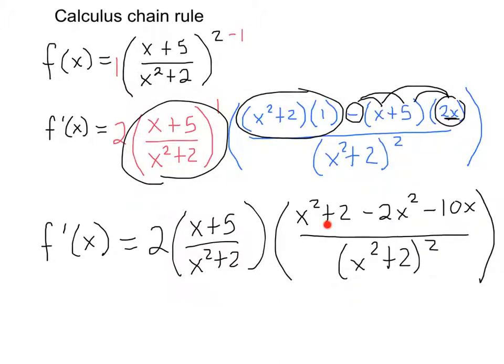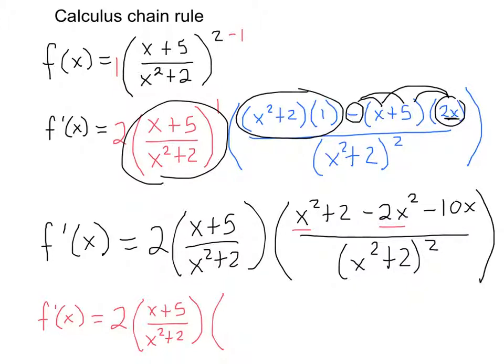I'm still not done. I'm going to combine like terms on this top. And so I've got f prime of x equals 2 times x plus 5 over x squared plus 2 times, now x squared and negative 2x squared is just negative x squared, minus 10x plus 2 all over x squared plus 2 squared.